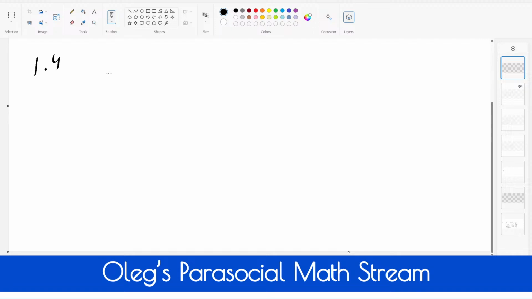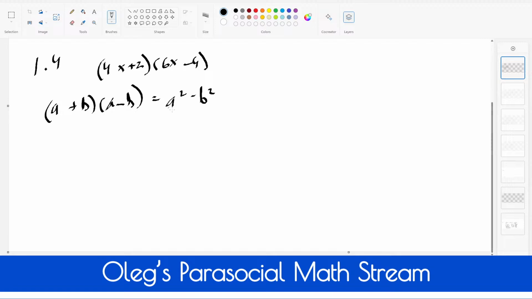Okay, find the product. So we're going to multiply this out. 6x minus 4. So we're going to say this is of the form a plus b, a minus b, which is equal to a squared minus b squared.